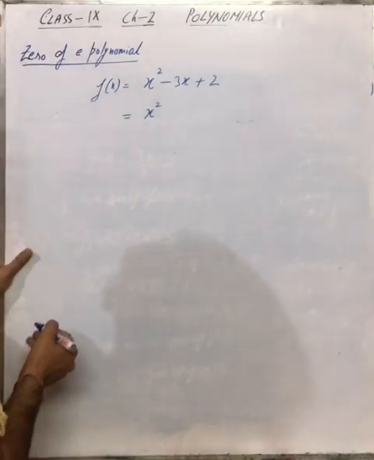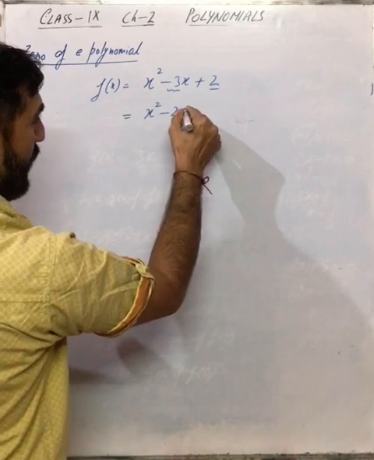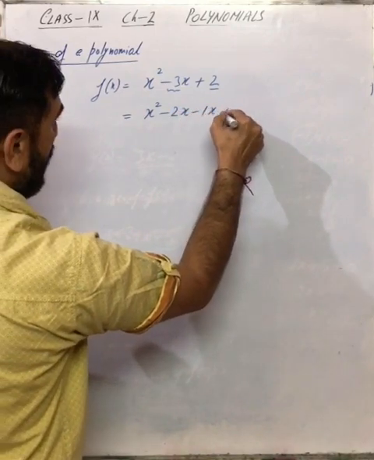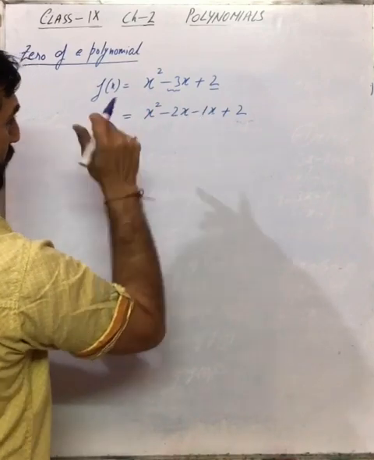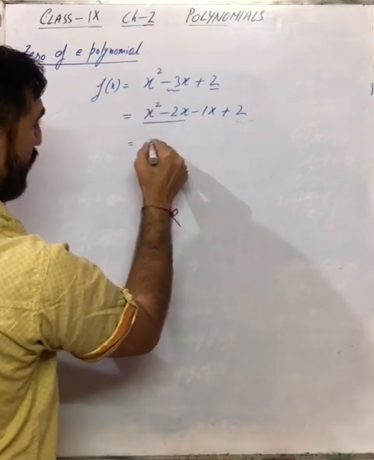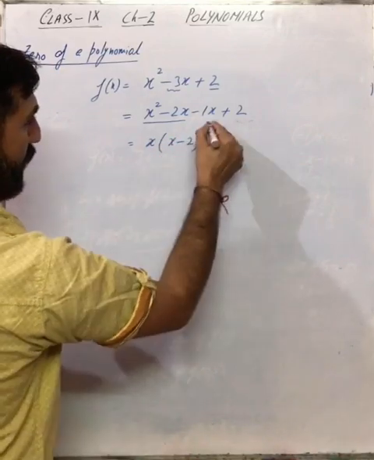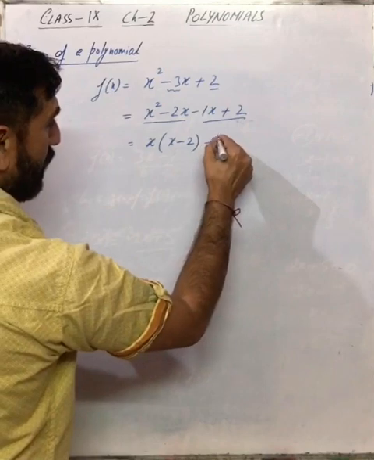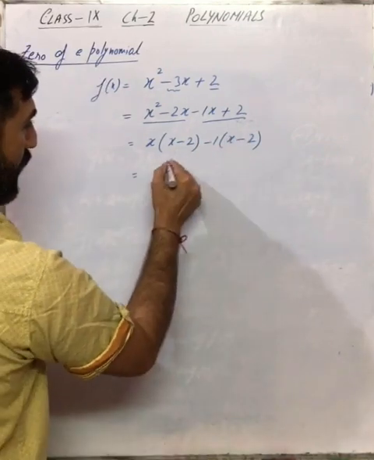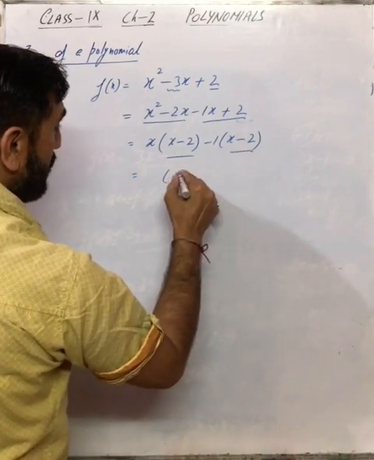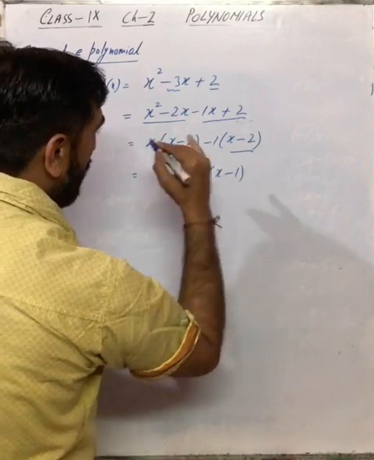It is 2 and we need to break minus 3, which can be done by taking minus 2 and minus 1. minus 3 ब्रेक करेंगे minus 2 और minus 1 में. What is common? x. So you are left with x minus 2. From here common minus 1. Inside it will be x minus 2. Again common x minus 2 and you are left with x minus 1.